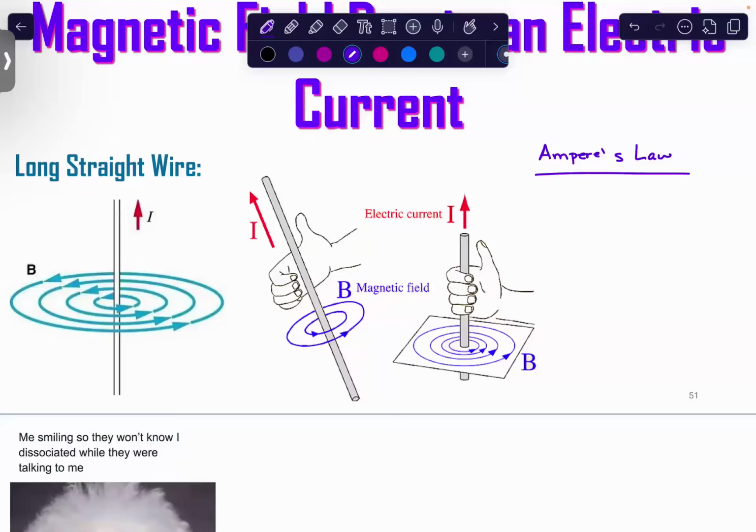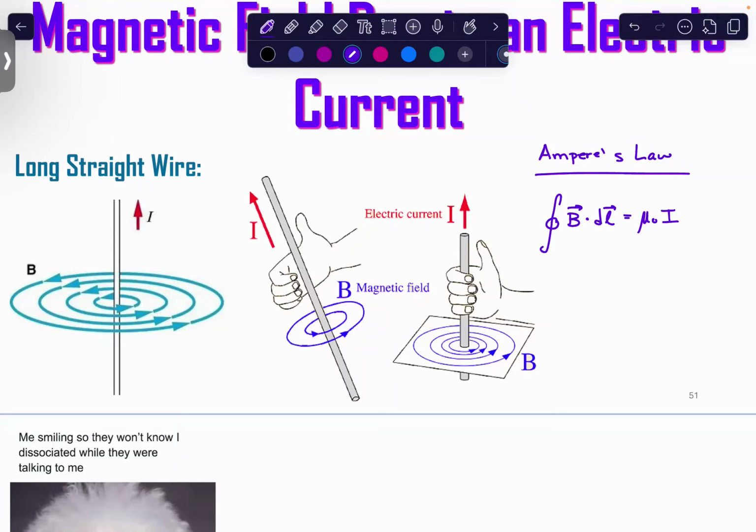So Ampere's law: that's the differential of your length or your path, and mu zero, that's a new constant for you.